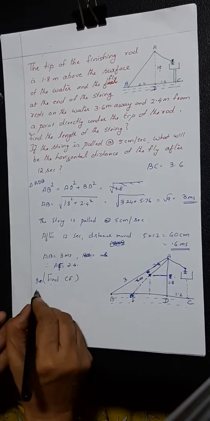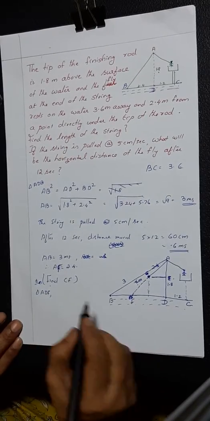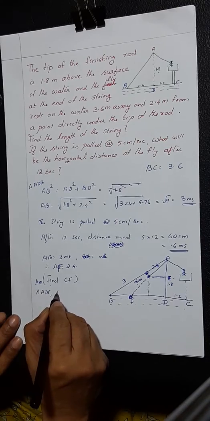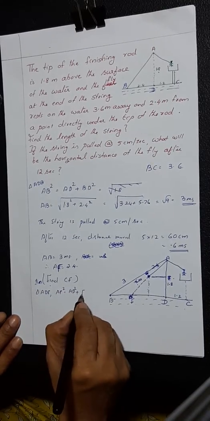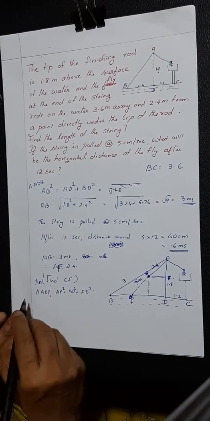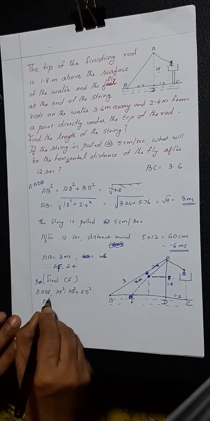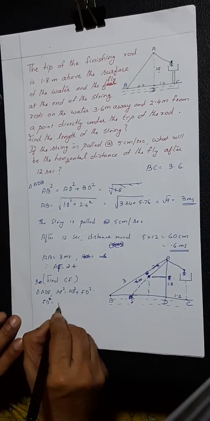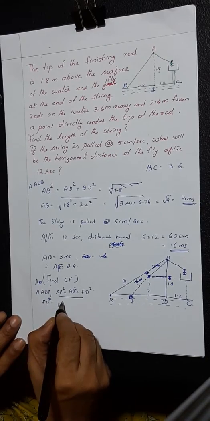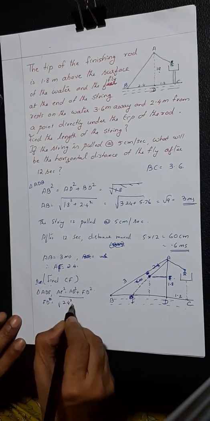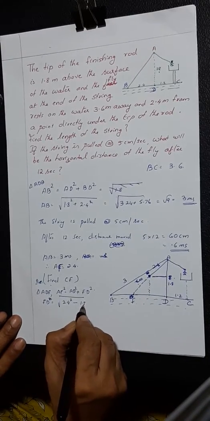Now again in triangle ADF, AF squared is equal to AD squared plus FD squared. So FD is equal to root of 2.4 squared minus AD squared, which is 1.8 squared.